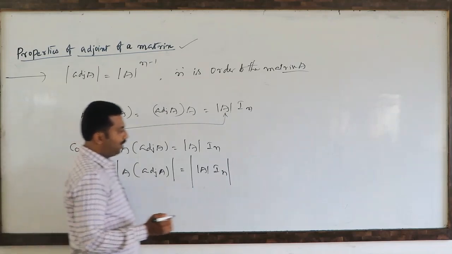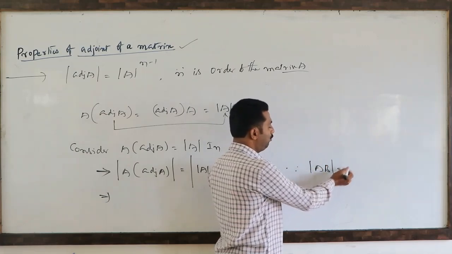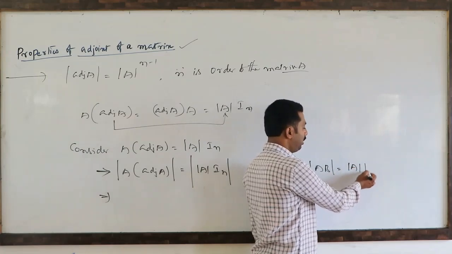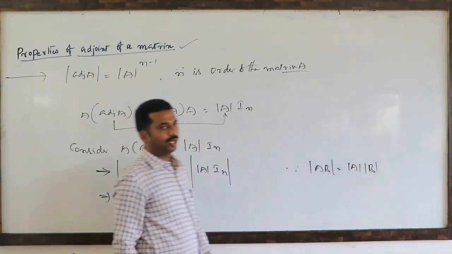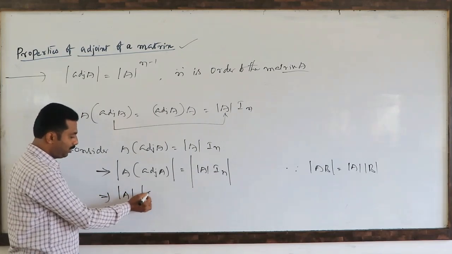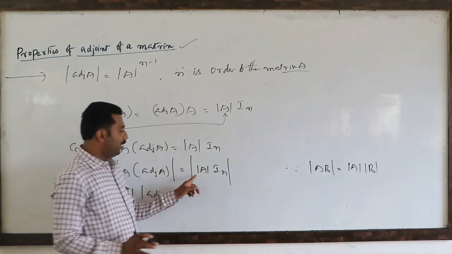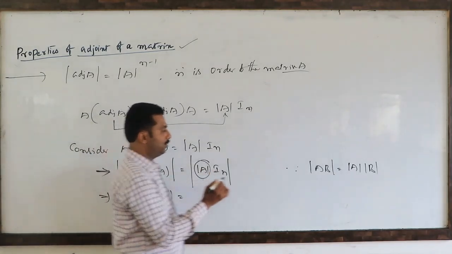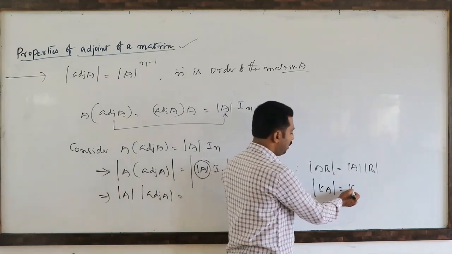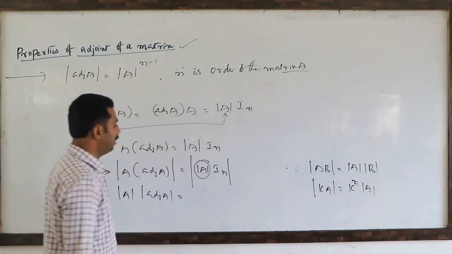You know one of the properties of determinants: the determinant of a product of two matrices is the determinant of A into the determinant of B. So this is determinant of A into determinant of adjoint of A. On the right side, for a constant k, the determinant of k into A is k power n into determinant of A, where n is the order of the matrix.